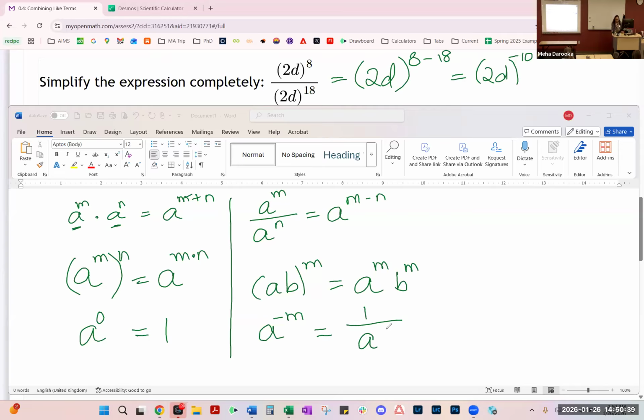So 1 over a to the m, and it also works vice versa. If you had 1 over a to the negative m, since it's in the denominator, you can move it to the numerator to make it positive. So just move from numerator to denominator and the exponent becomes positive. So this is the negative exponent rule.